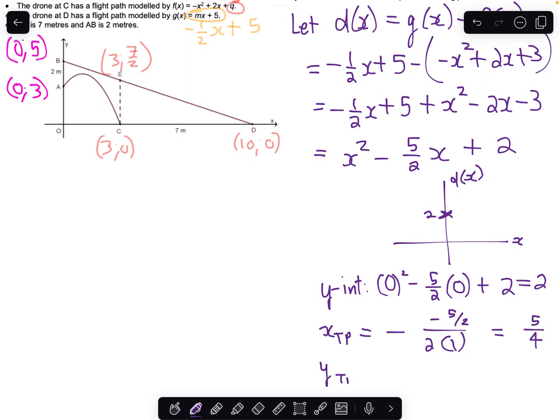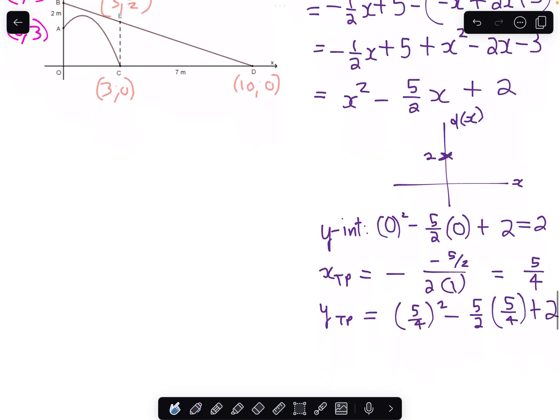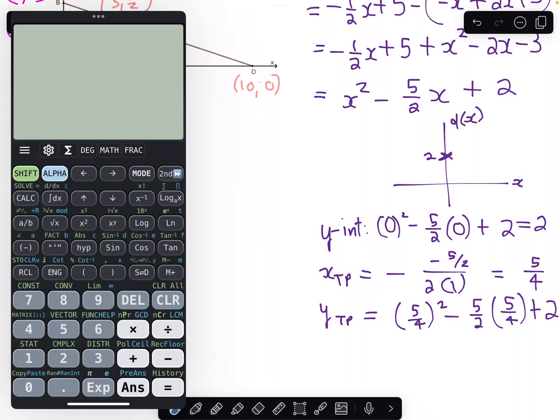So the y-coordinate of the turning point is going to be 5 over 4 squared minus 5 over 2 times 5 over 4 plus 2, which is 25 over 16 minus 25 over 8 plus 2, and that is 0.4375.